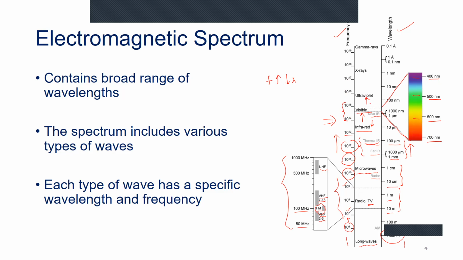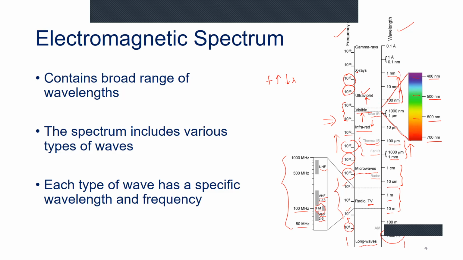We go up to high frequency after visible light, and we come to the ultraviolet. The frequency goes from 10 to the power 16 to 10 to the power 17, and the wavelength goes from, let's say, 1 nanometer to 100 nanometers. So if we go up in frequency, the wavelength goes down.